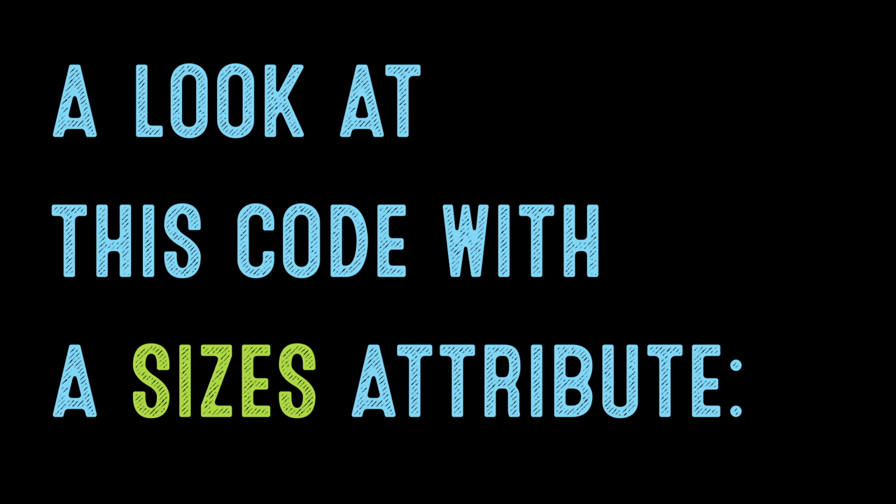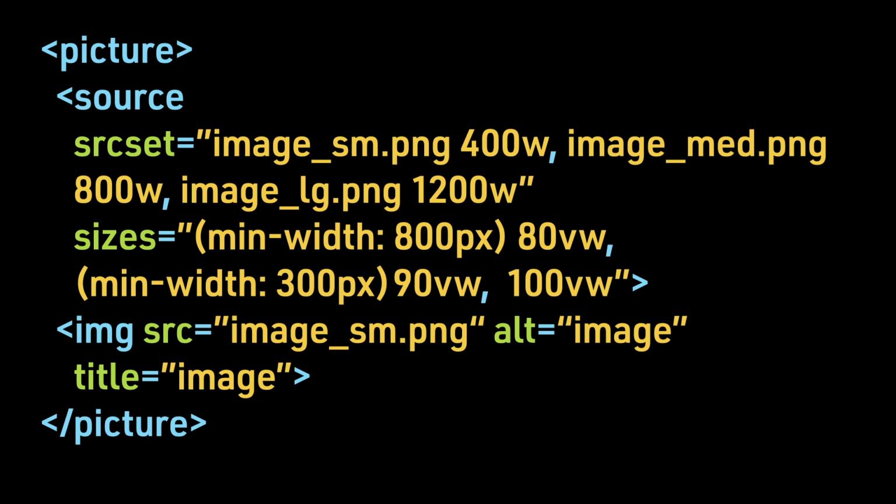Take a look at this code with the sizes attribute. Picture opening tag, source opening tag, srcset attribute. We have three images: image_sm.png at 400w, image_medium.png at 800w, image_lg.png at 1200w.